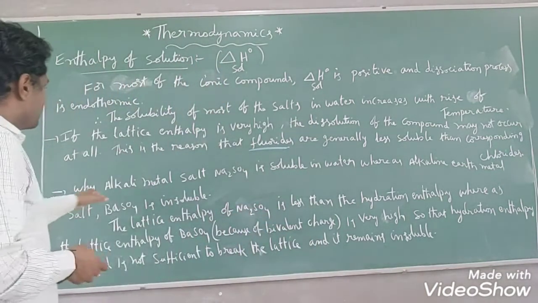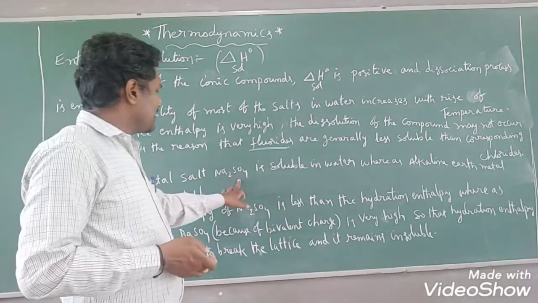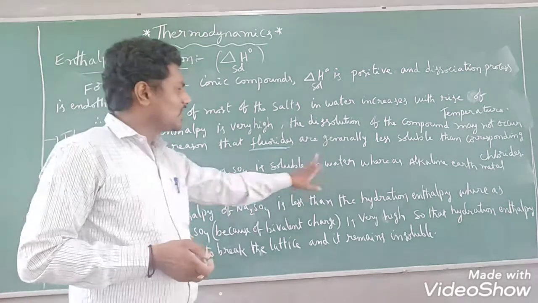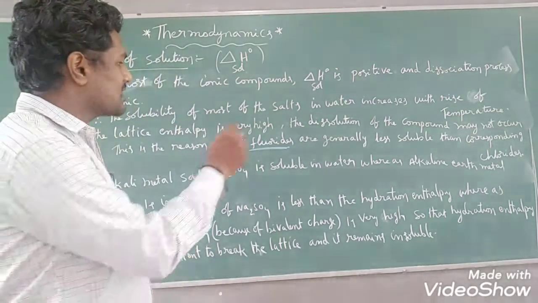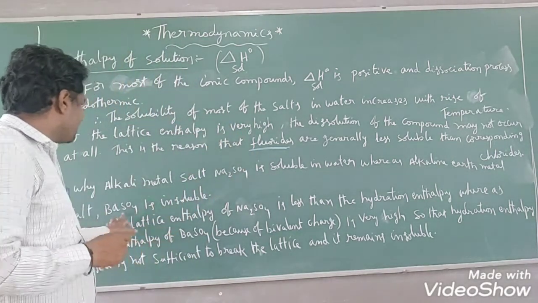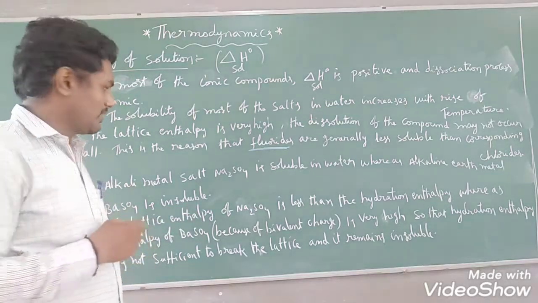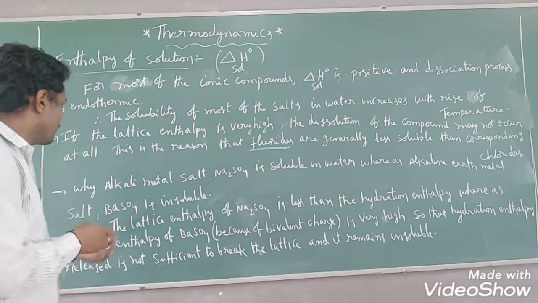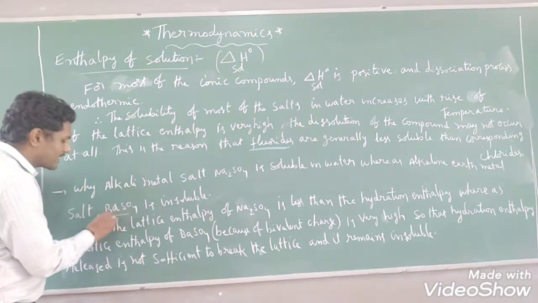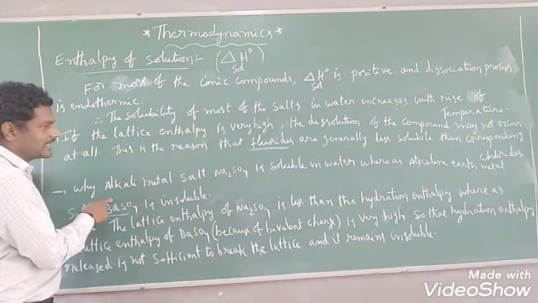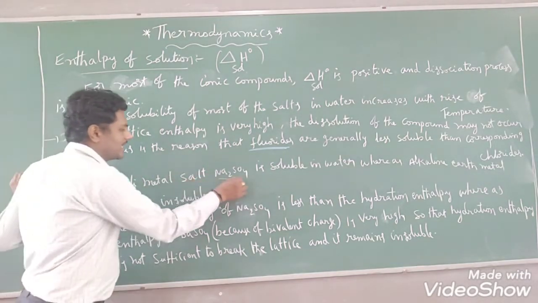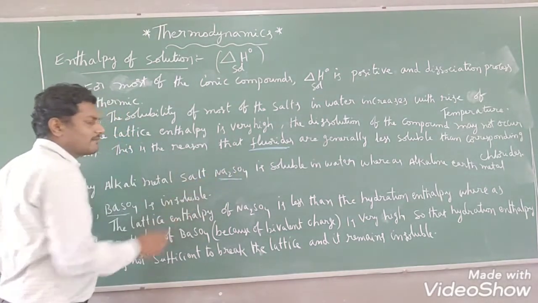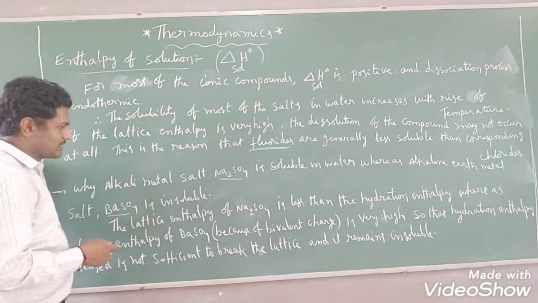Here, why is an alkali metal salt like Na2SO4 soluble in water, whereas an alkaline earth metal salt BaSO4 is insoluble? In BaSO4, the barium ion comes from the second group elements, that is alkaline earth metals. In Na2SO4, the sodium ion comes from the first group elements, that is alkali metals, right?